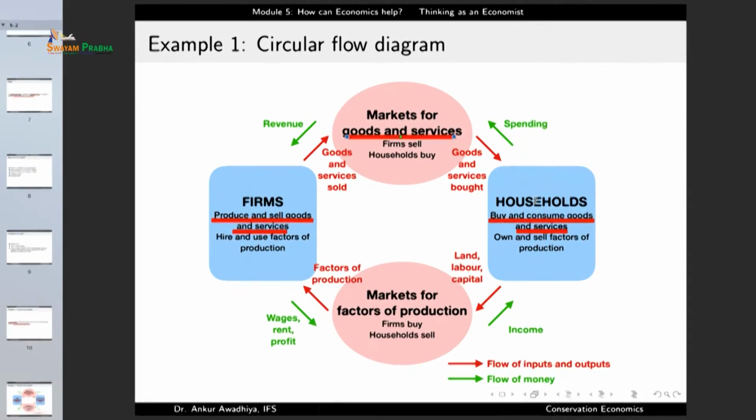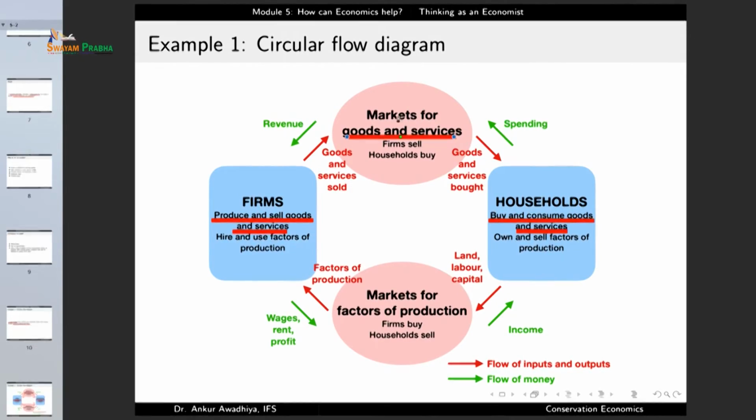Now, when the households are buying the goods and services from this market, they will have to make a spending. They will have to pay something. So let us say that they are paying in rupees. So 1 rupee is moving from this household to the market because a certain portion of goods and services is being bought by the households in this market.